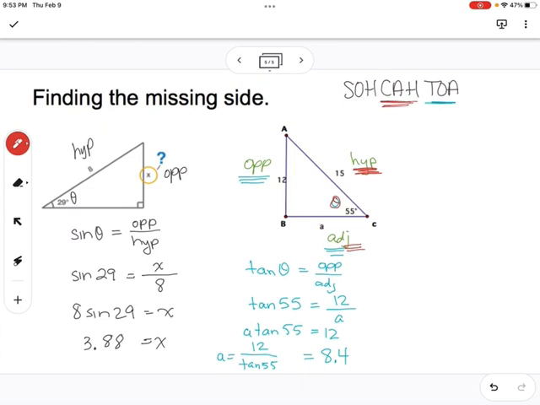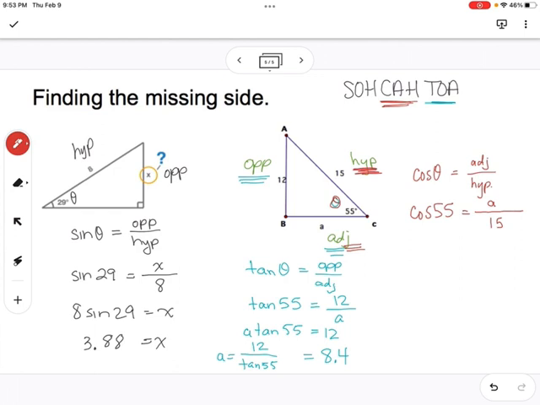So cos theta is equal to adjacent over hypotenuse. Fill in your values that you know. Cosine of the angle 55 equals the adjacent, we do not know, it is A, and hypotenuse is 15.